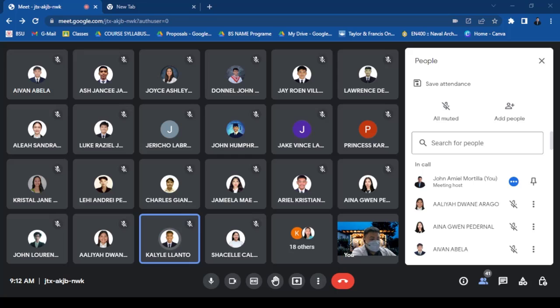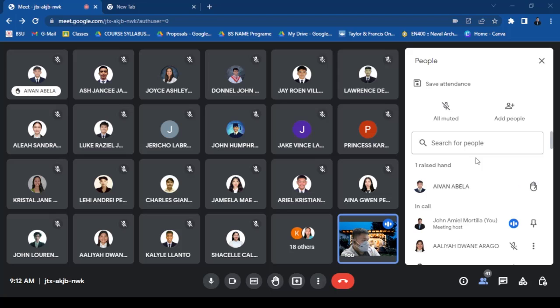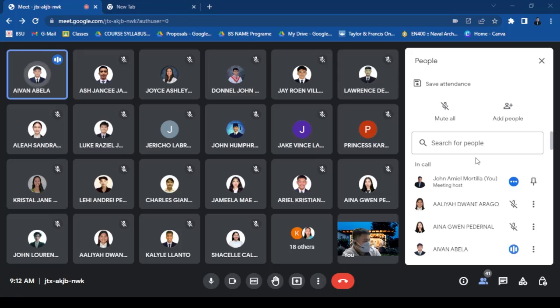Sir, wala pong +1. Maghintay na lang ng next year. Yes, Ivan. Kailan daw po ulit may parapol? Titingnan ko kung kailan ulit pwede. Pagka may malaking event ulit tayo.